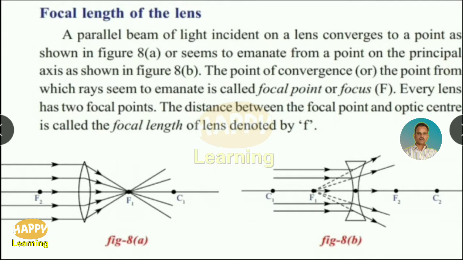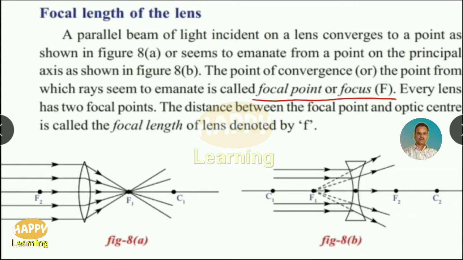The point from which the rays seem to emanate is called focal point or focus. Here the rays are converged, so this is the focus. Here the rays seem to emanate from this point, so this point is the focus.